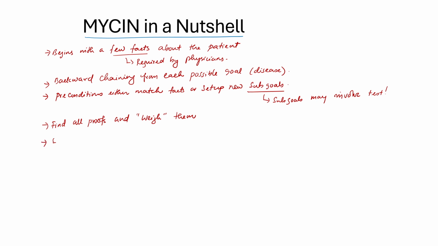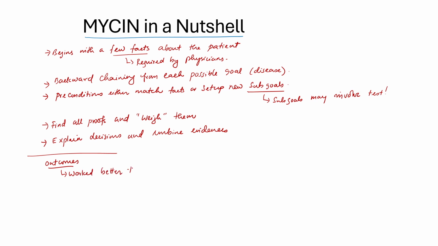Then explain decisions and combine evidences. Combine evidences, that is the next step. Then, let us say outcomes worked better than an average physician.